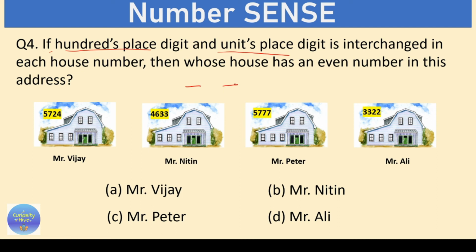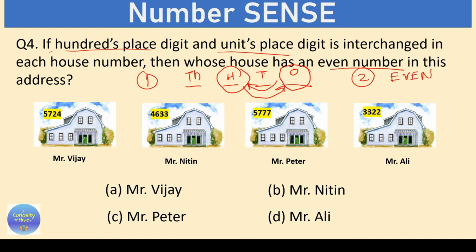So if this is a 4-digit number, as we can see the house numbers, we have 1s here, tens here, hundreds here and thousands here. And what they are saying, the hundreds and unit place are interchanged. Alright. And the second is that after interchanging, we will get a house number which is even. That means the hundreds place.